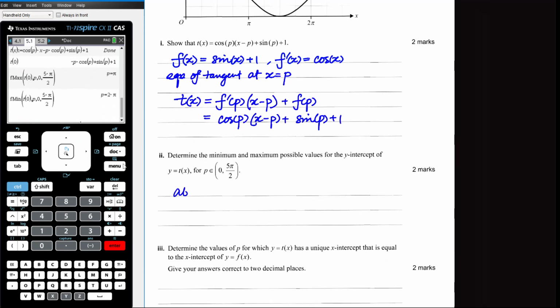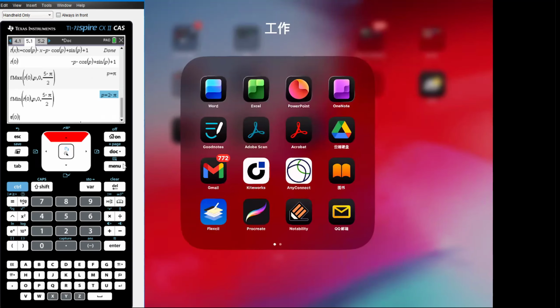So at p equals pi, maximum y-intercept equals T naught.